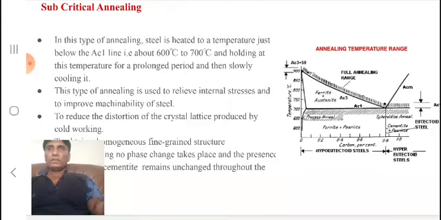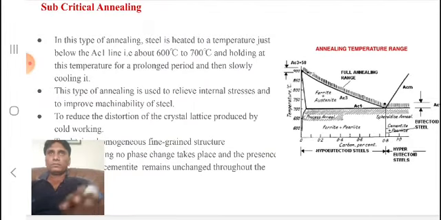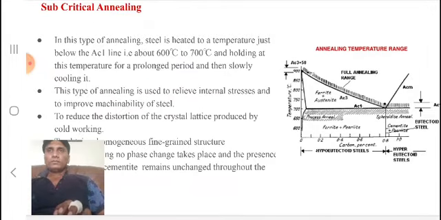In this type of annealing, steel is heated to a temperature just above the A1 line, that is about 600 degrees centigrade to 700 degrees centigrade, held at this temperature for a prolonged period and then slowly cooled.